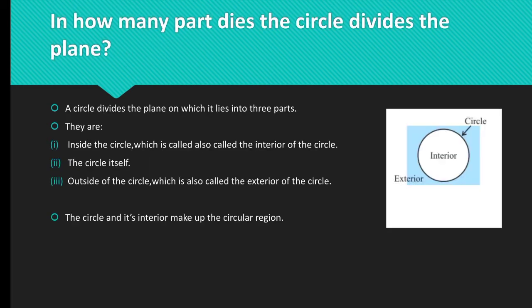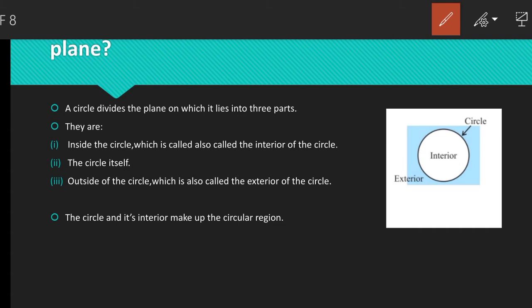In how many parts does a circle divide the plane? So the plane is being divided into three parts. They are inside the circle, which is also called the interior of the circle, and the outside of the circle, which is also called the exterior of the circle.